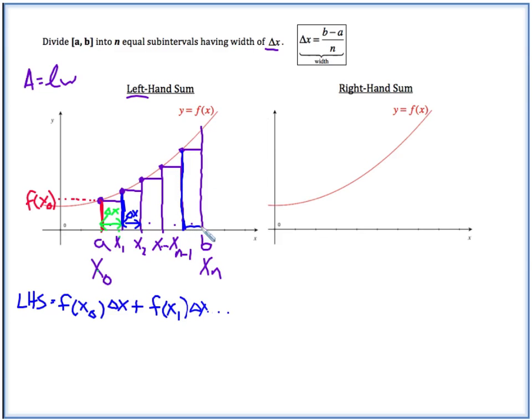This would be our final rectangle right here, and that's going to be f of x sub n minus 1. Okay, because it's 1 before the last term there. And, of course, it's times delta x. Now what we're going to be able to do here is you can see that this is going to be a sum. So we're actually going to write this now using summation notation.